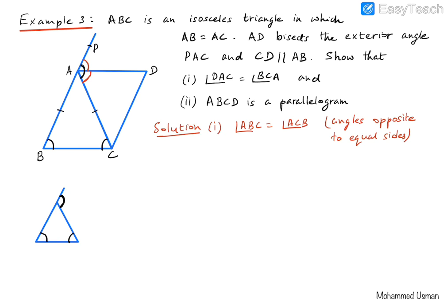So if I call this triangle ABC, and I can mark this point as P, then the angle PAC is equal to angle ABC plus angle ACB. This is called the exterior angle of a triangle rule.